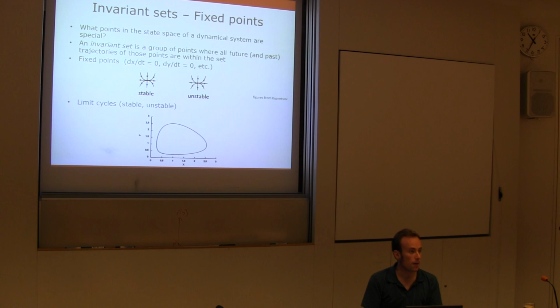One type of important point are those that are invariant sets. This is the mathematical term for a group of points that, under the rules of the dynamical system, does not change over time. So that if you start at an invariant set, you stay within the invariant set for all times into the future.